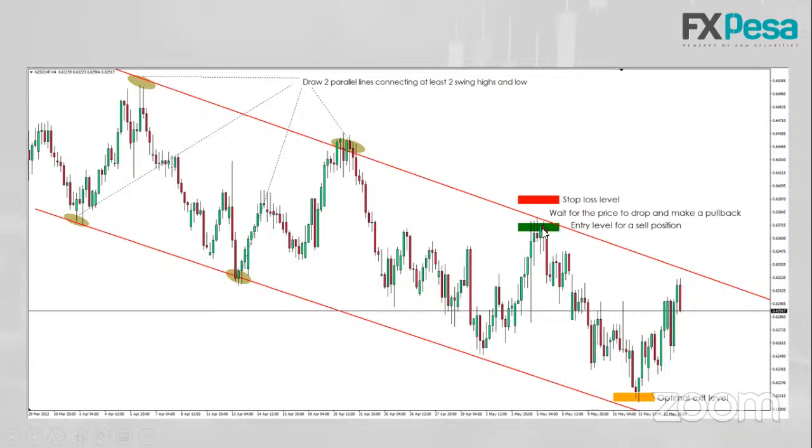If price fails to breach above that trend line, then you'd seek to sell as price begins to reverse along that trend line. Your target would be to exit your trade as the market approaches the lower line of that channel.